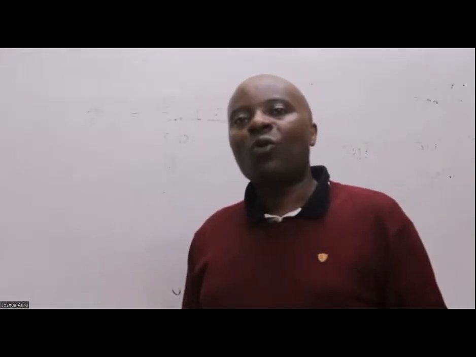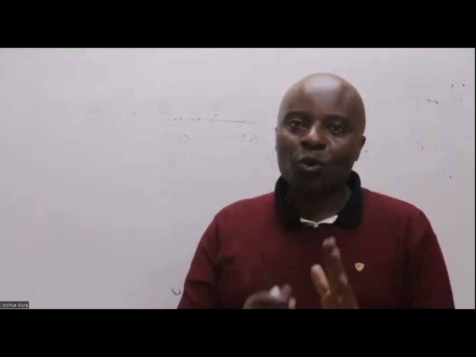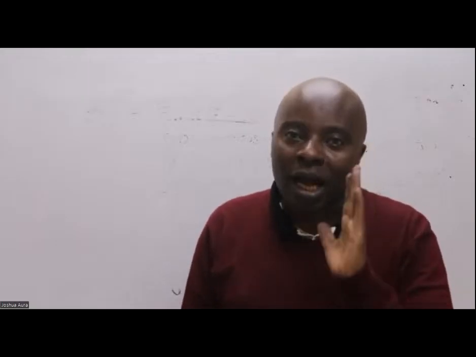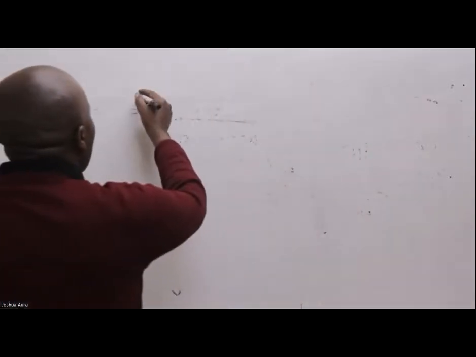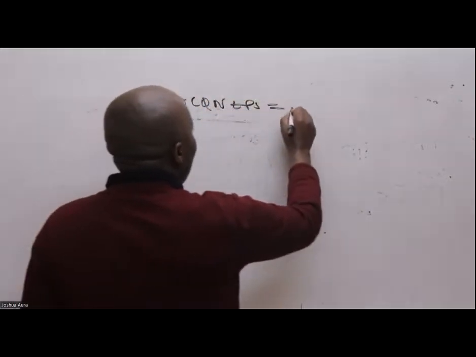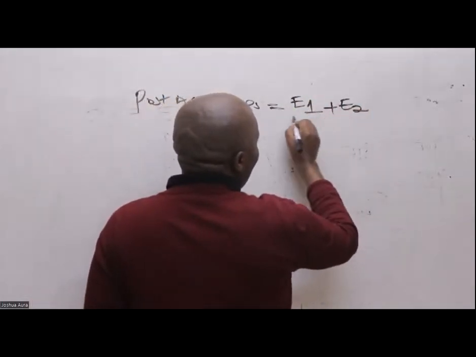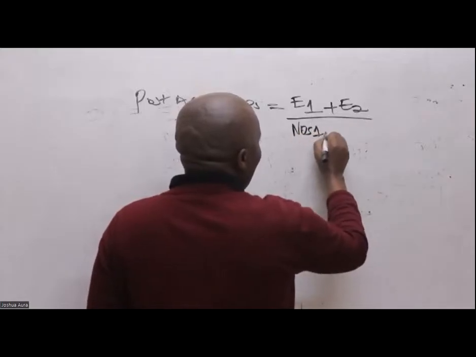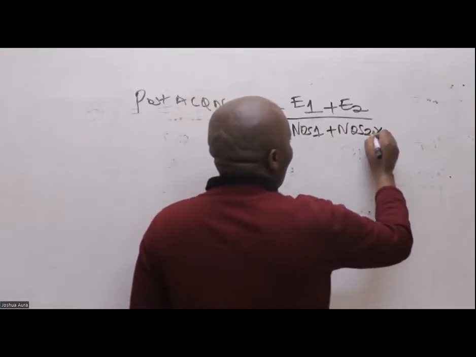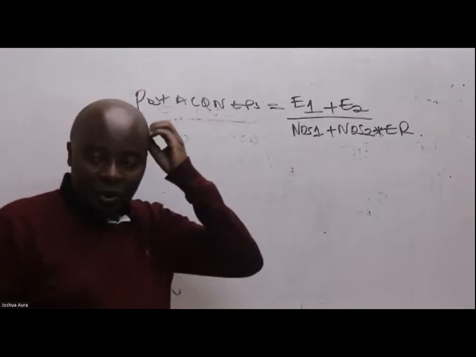After marriage, we expect the earnings to be combined. So I will write for my examiner that post-acquisition EPS equals earnings of company 1 plus earnings of company 2, all over number of shares of company 1 plus number of shares of company 2 multiplied by exchange ratio, like that.